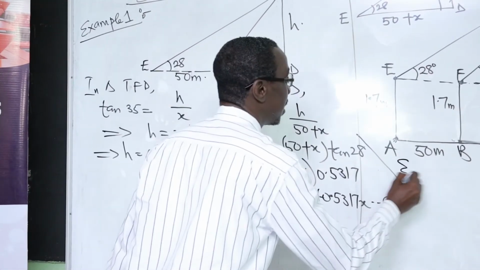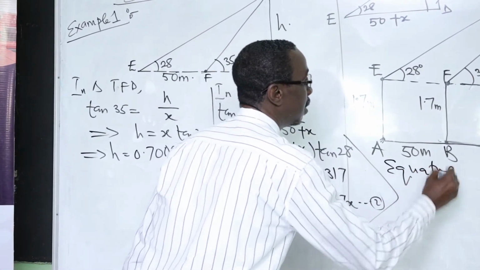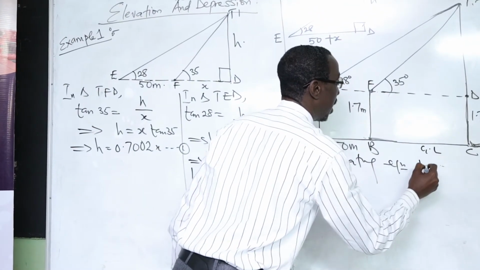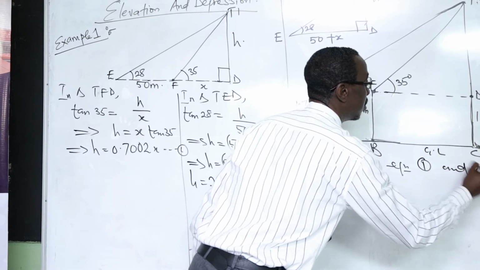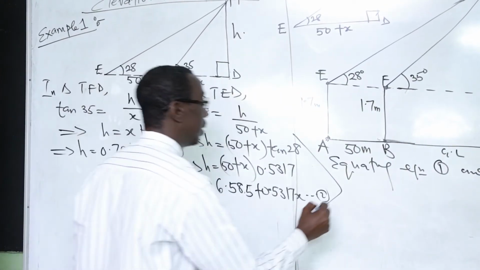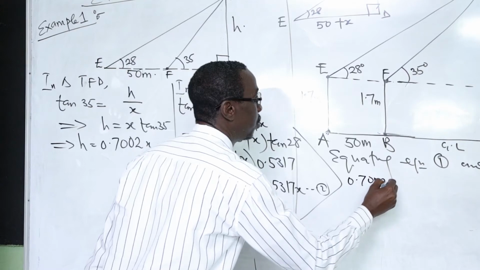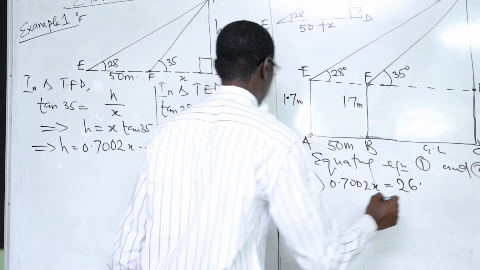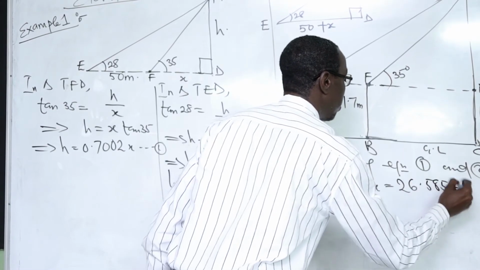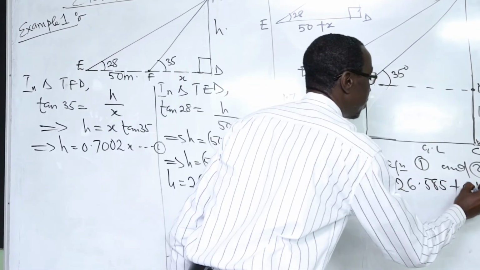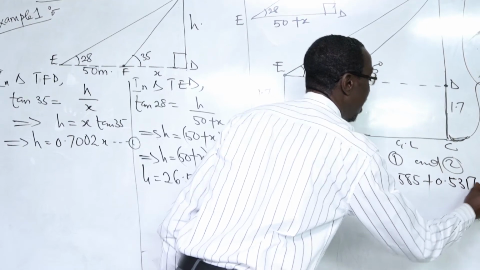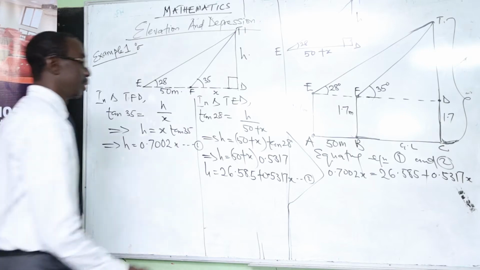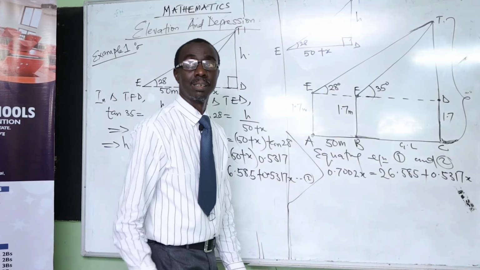Equating equation 1 and equation 2, I have 0.7002x is equal to 26.585 plus 0.5317x, right? Collection of like terms. Are we on the same page, class?